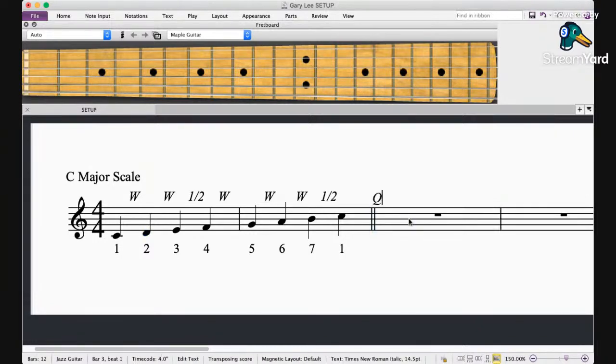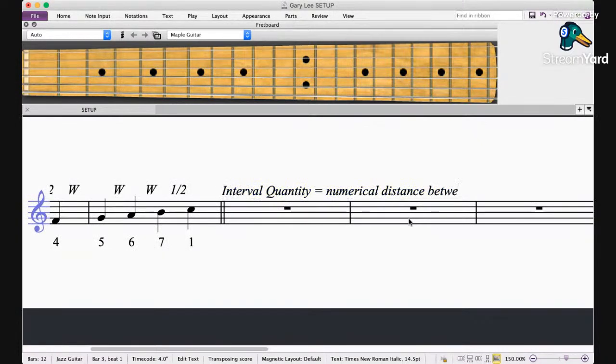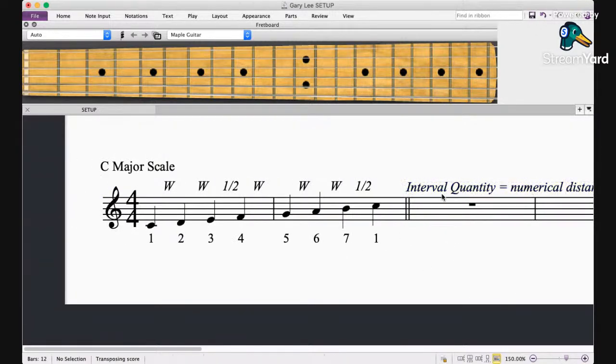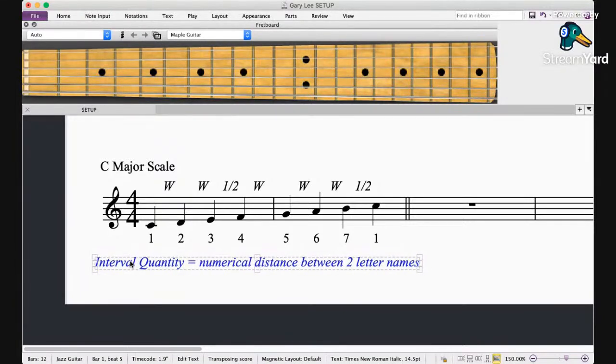So interval quantity equals the numerical distance between two letter names. For example, from C to F, right here to F, that is a fourth.